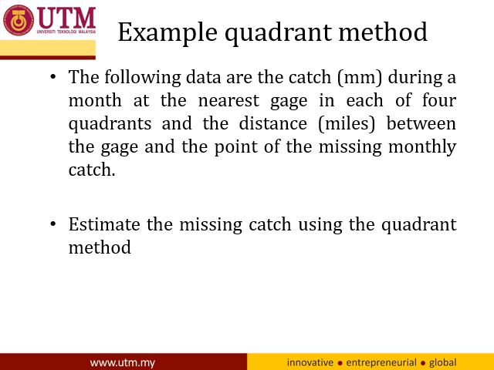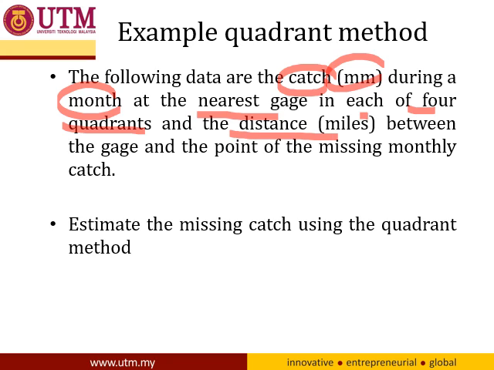So we have an example here for the quadrant method. It says the following data. Next slide is the data. The catch here means the rainfall; in the US they call it catch for rainfall. So it is the rainfall in millimeters during a month, so the time is a month, at the nearest gauge in each of the four quadrants. Remember the quadrants.